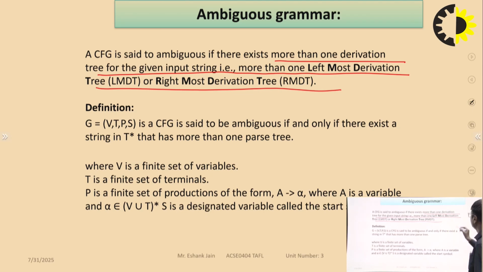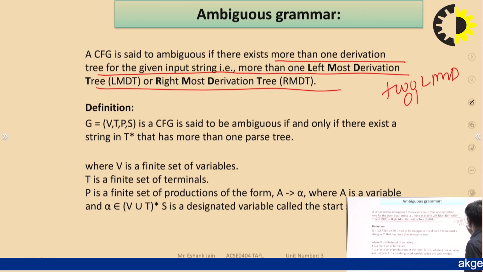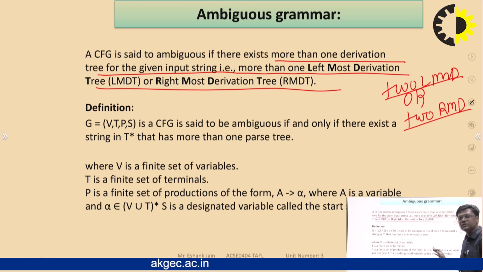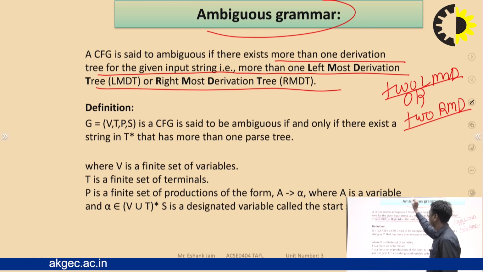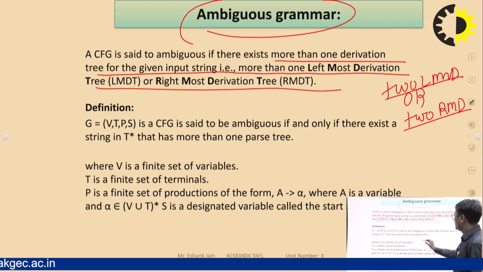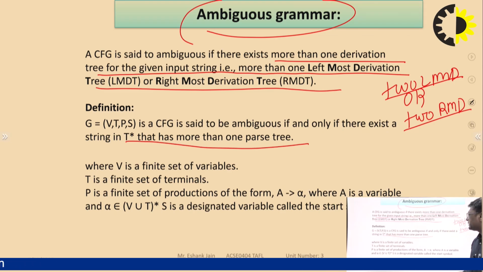It means if any grammar constructs two leftmost derivations or two rightmost derivations, it is called an ambiguous grammar. The definition is clear.